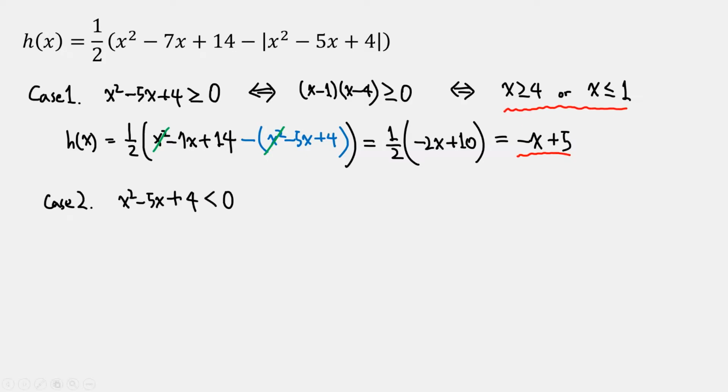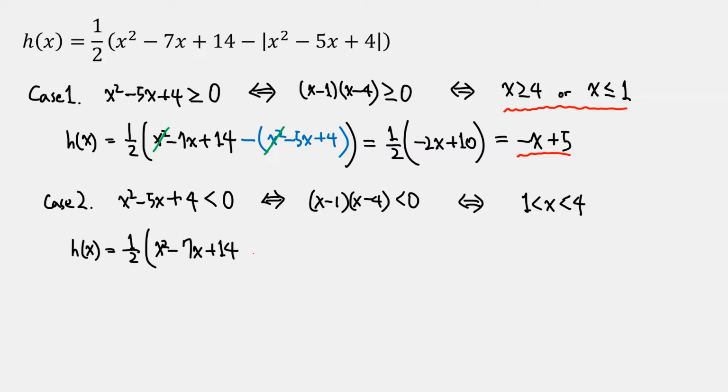Next, consider a case where x squared minus 5x plus 4 is negative. This is equivalent to (x minus 1)(x minus 4) is negative, which is equivalent to x is greater than 1 and less than 4. Here we have to reverse the sign, so we have plus (x squared minus 5x plus 4).